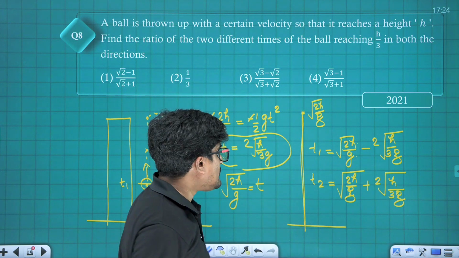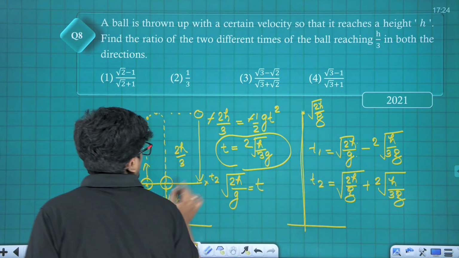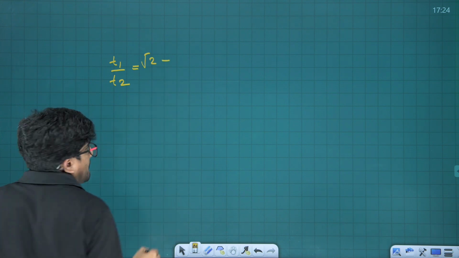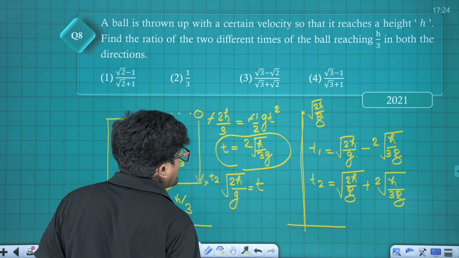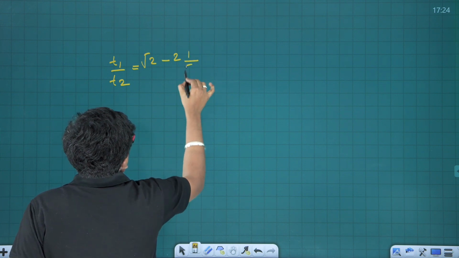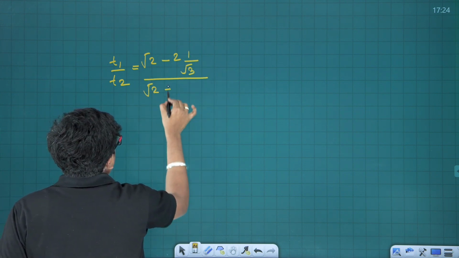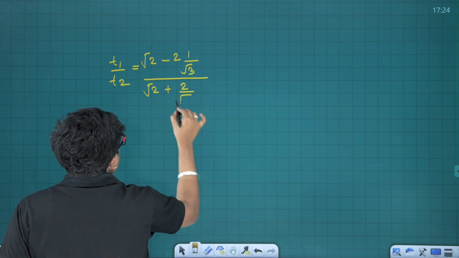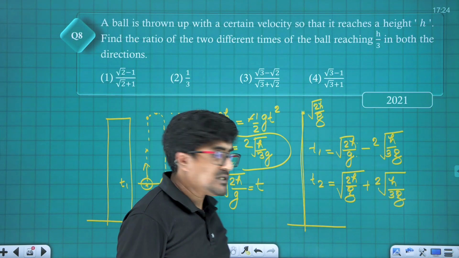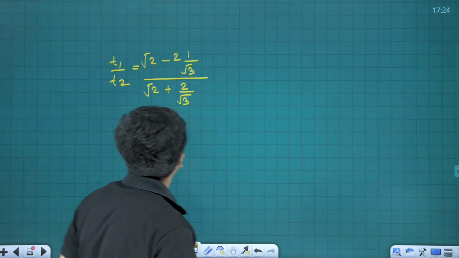Now, what I have here is under root of 2 minus 2 by root 3, all divided by root 2 plus 2 by root 3. Is that fine? Here this root 2 is there, here it is 2 divided by root of 3.